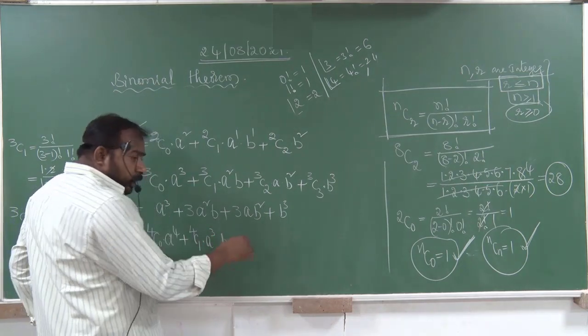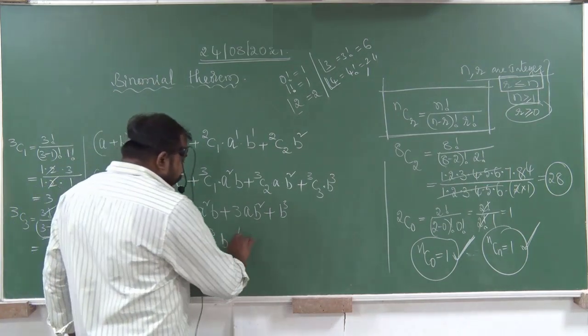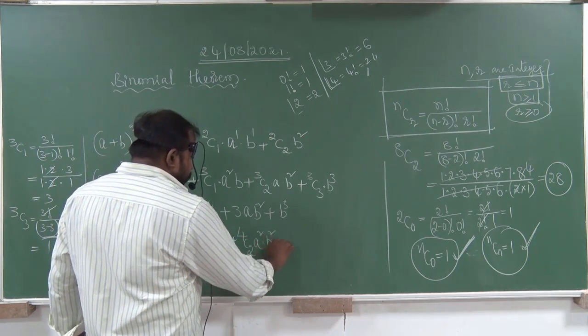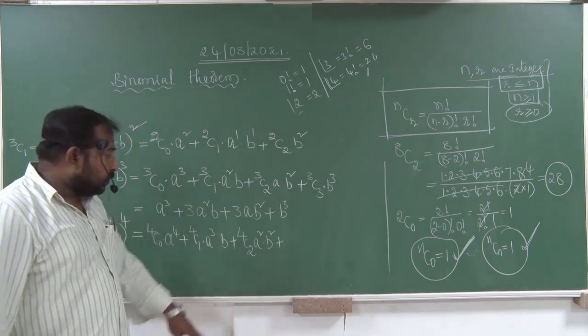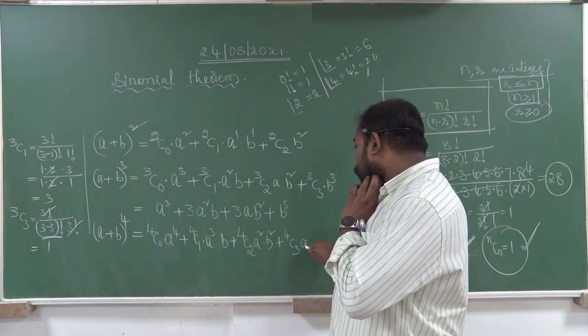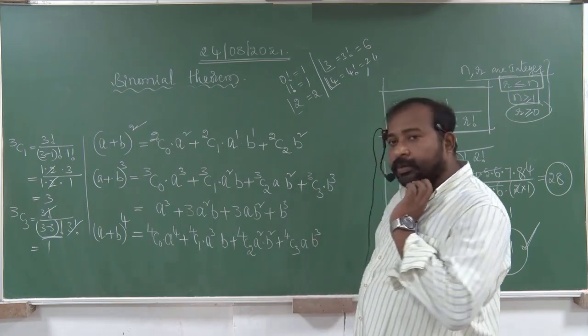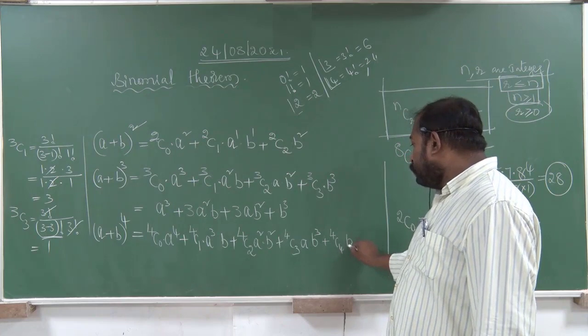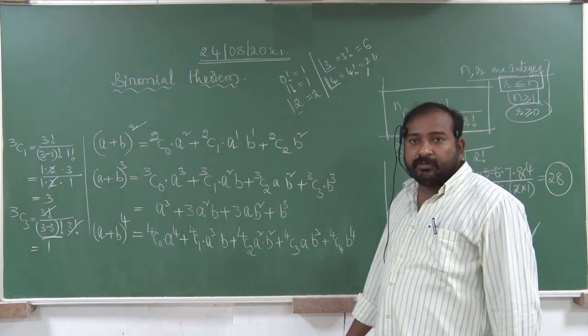What is the next value? 4C2 into a square into b square. The next term is 4C3 into a into b cube. The next term is 4C4 into b power 4.